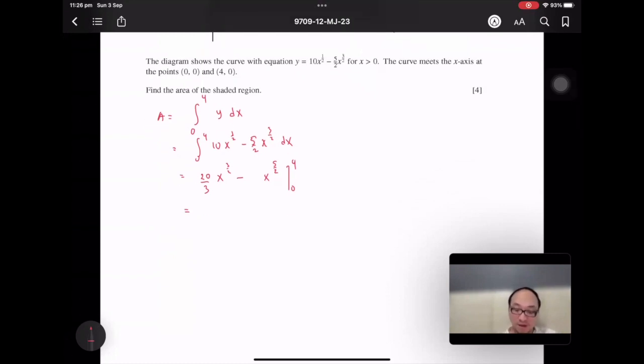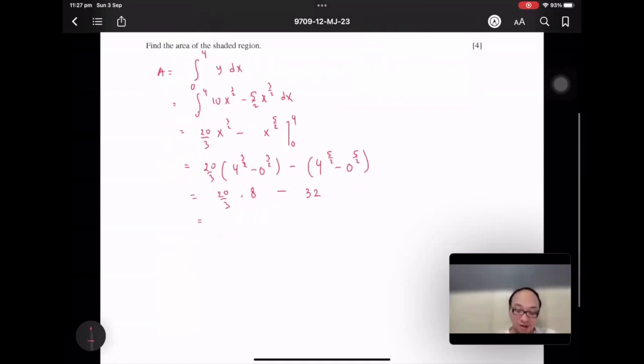And then we can substitute: 20 over 3 for x to the power of 3 over 2, 4 minus 0, and x to the power of 5 over 2, 4 minus 0. So we have 20 over 3 times 8 minus 2 to the power of 5, 32.